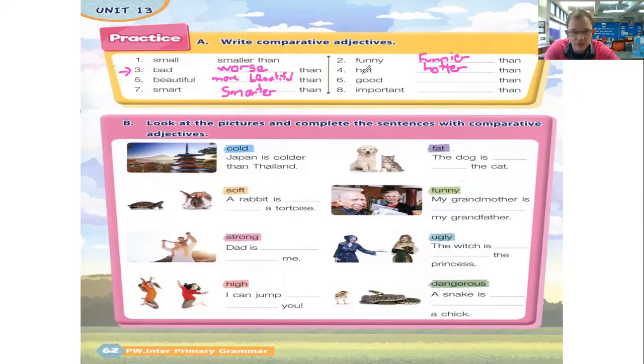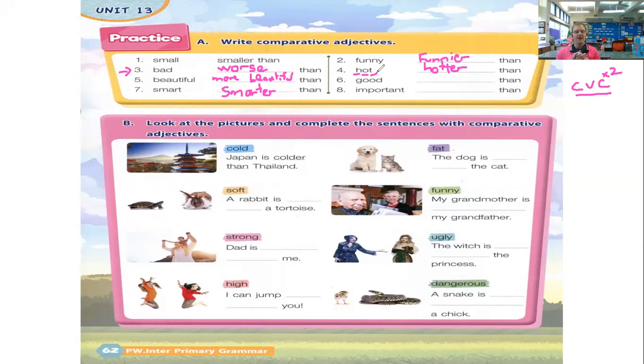Because this word starts with a consonant H, a vowel O, and a consonant T. So if a word is consonant, vowel, consonant, we have to double the consonant at the end, which is a T. So we double the T to give us hotter. If you break it apart, that's why we add 2 T's to that one.